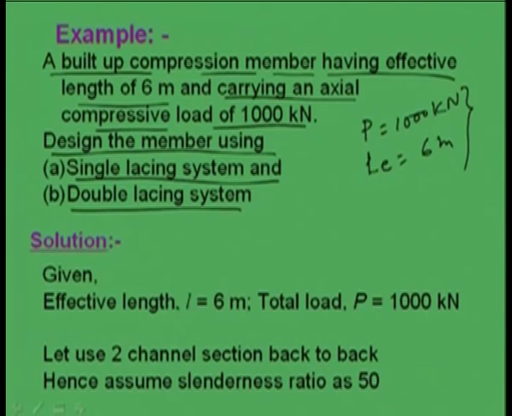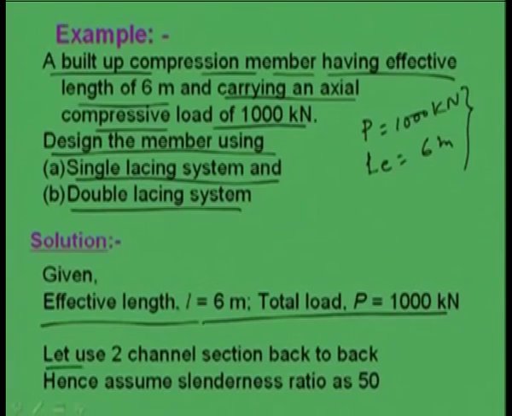So, the effective length and total load are given, and now it is the choice of the design engineer what type of section he is going to adopt, whether channel section or angle section or I section, it is up to him, and of course it is up to the availability of the section in the market.